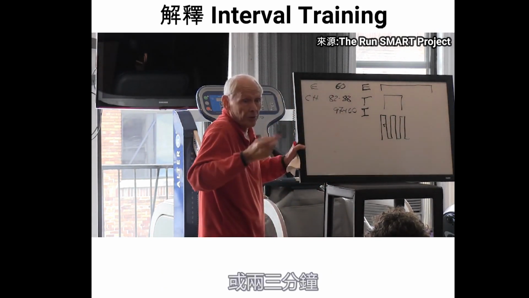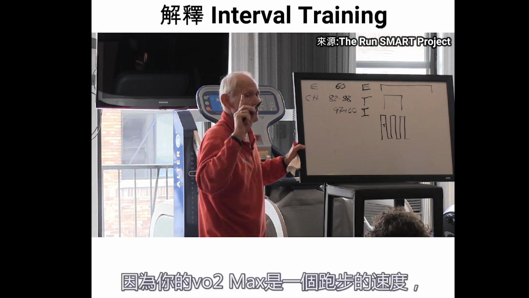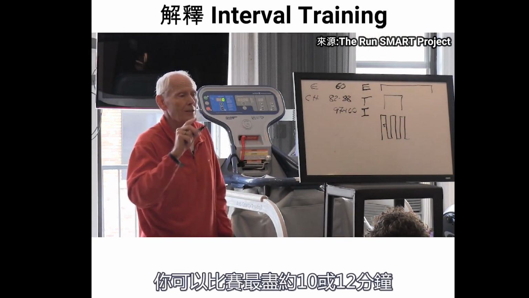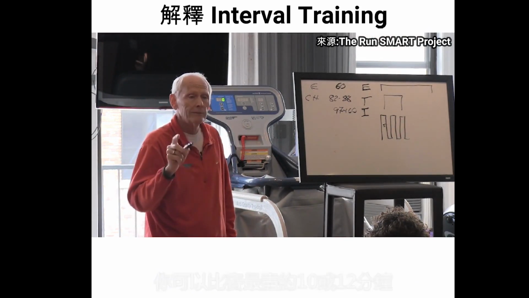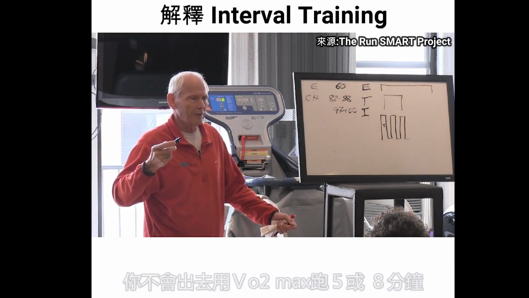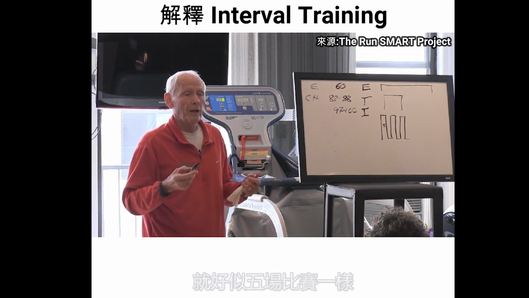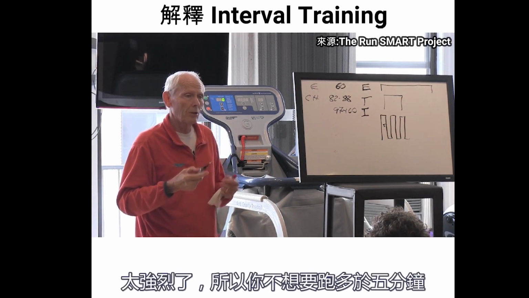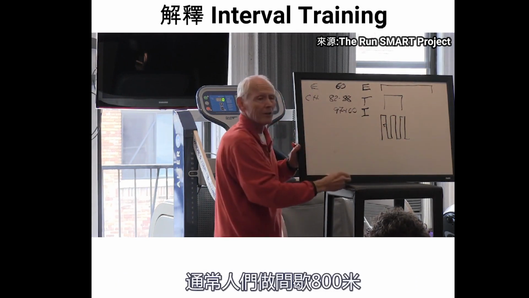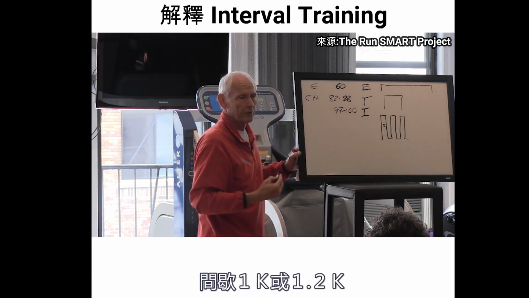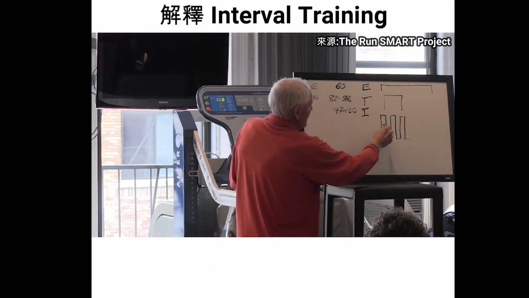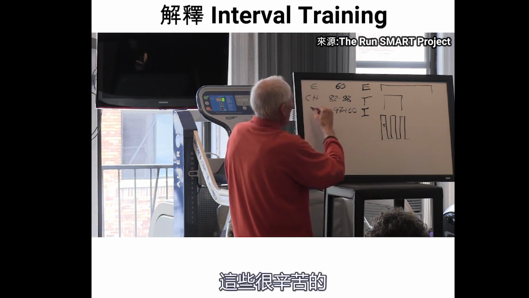Maybe they're only 1 or 2 or 3 minutes, but not longer than 5, because your VO2 max is a speed of running that you could race at for about 10 or 12 minutes, all out. So you're not going to go out and run 5 8-minute runs at your VO2 max. That's like running 5 races at your VO2 max. It's too intense. So you don't want to go more than about 5 minutes maximum. Usually people do interval 800s or interval 1000s or interval 1200s, something like that, are more important. And these are hard.